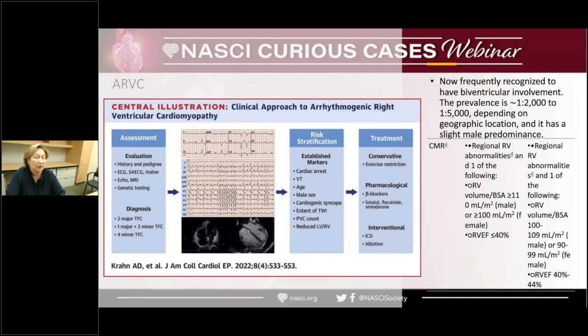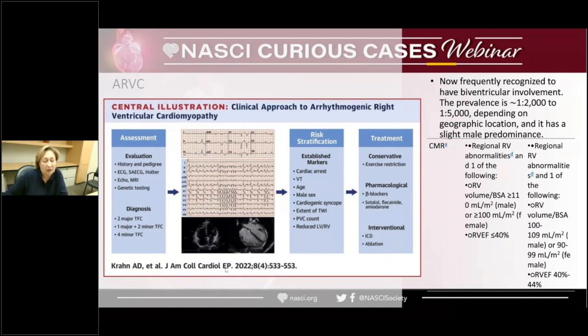These are specific quantitative measures that we can address on CMR, in addition to assessment of the morphology and tissue characterization with the lipid enhancement as well.